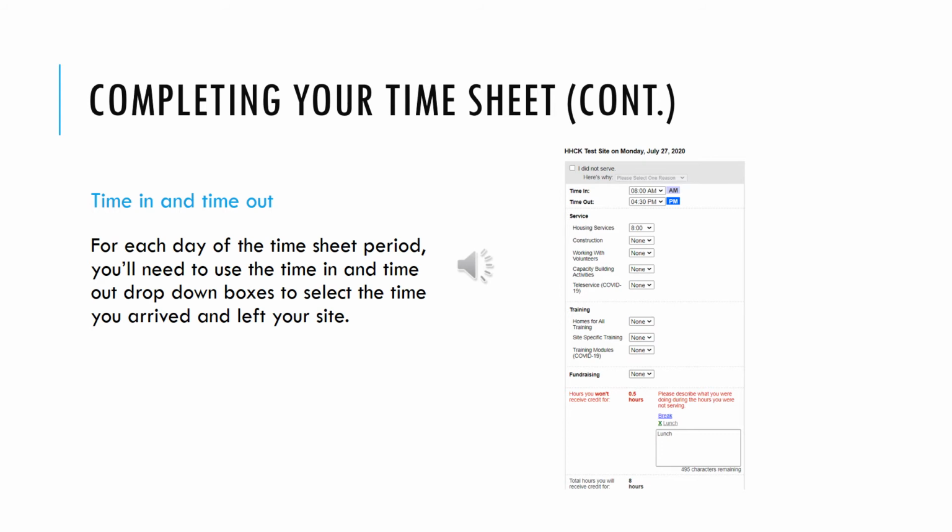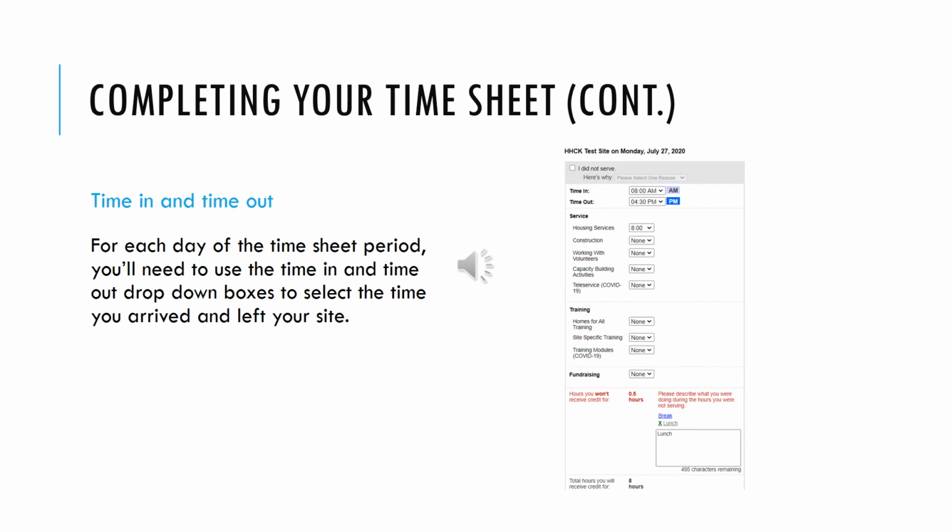So now that we have gone over how to log hours that you didn't serve, we are moving right along to how to complete your timesheet to show your time in and your time out. So for every day that you are serving, you are going to put your time in.